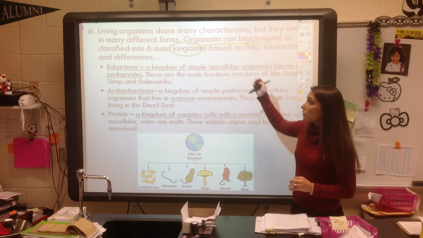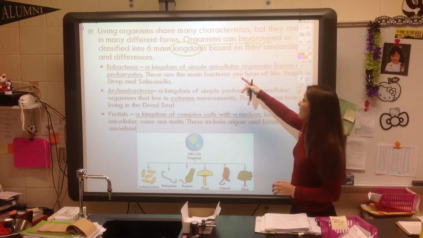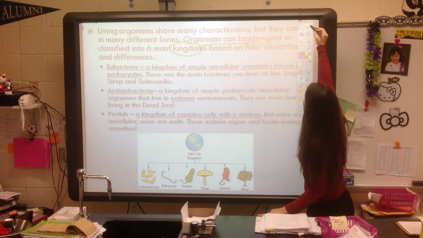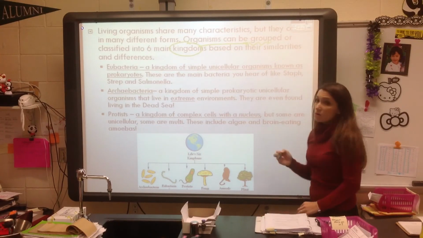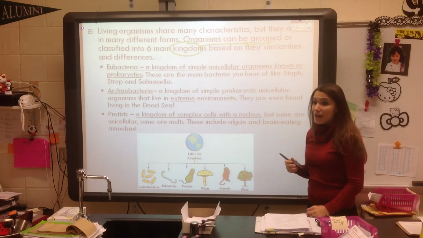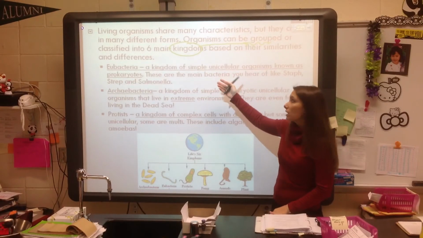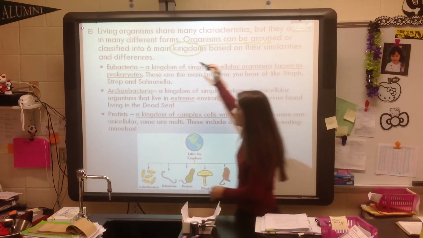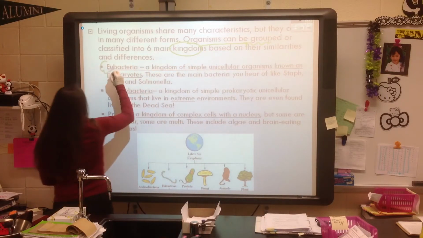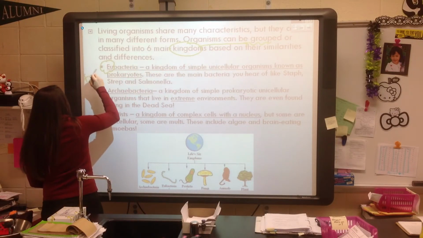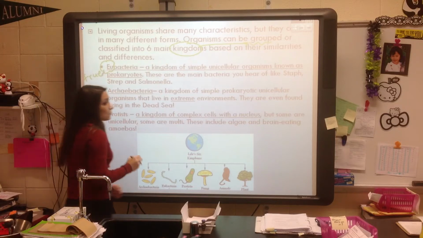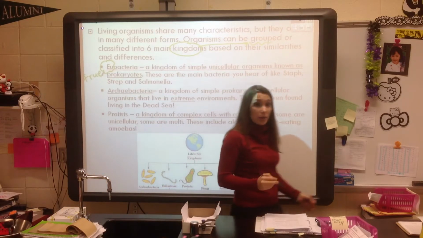So for example, bacteria, a kingdom of simple unicellular organisms known as prokaryotes. Now you're getting a little sprinkling of words you're going to see this whole year. For example, you're going to see the prefix "eu", which means true. You'll see that prefix many times throughout this year.